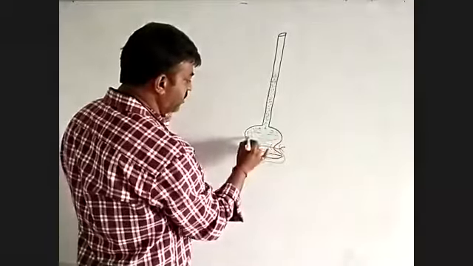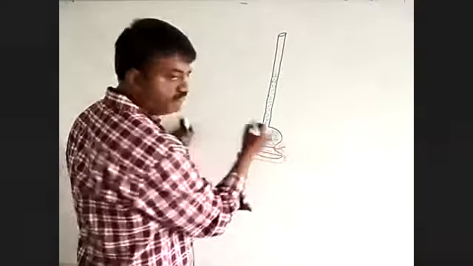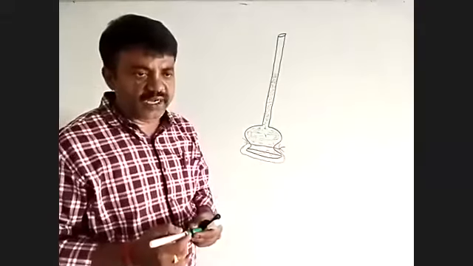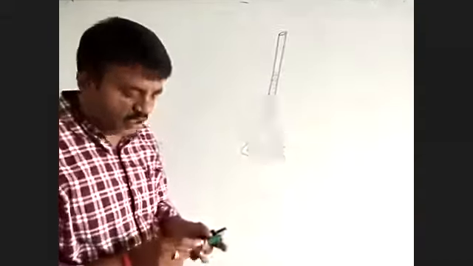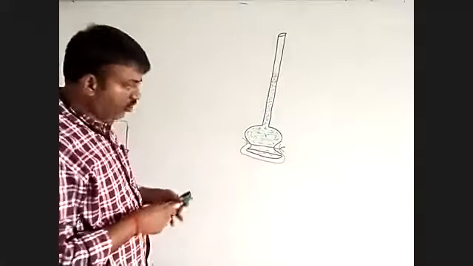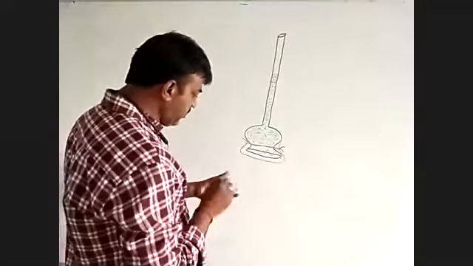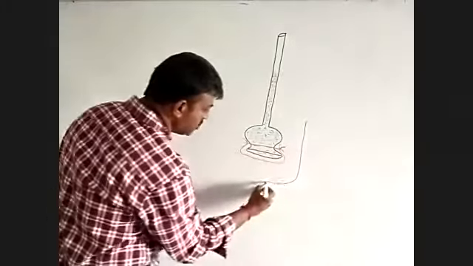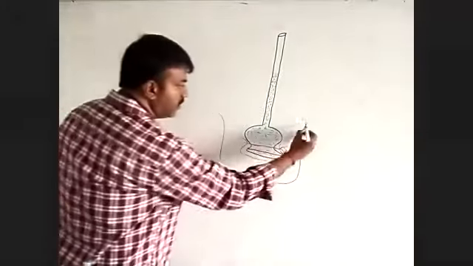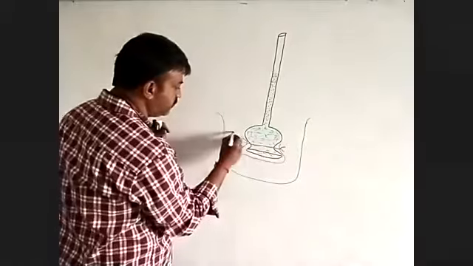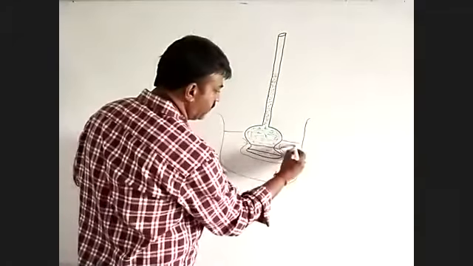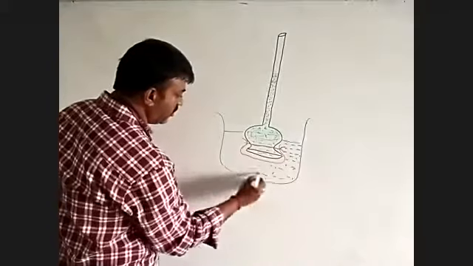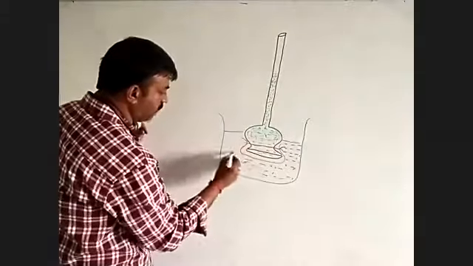Okay, a highly concentrated solution in which water potential is very low. Okay, low water potential. Now, it is placed in a beaker. So this is the beaker having pure water, containing distilled water or pure water.